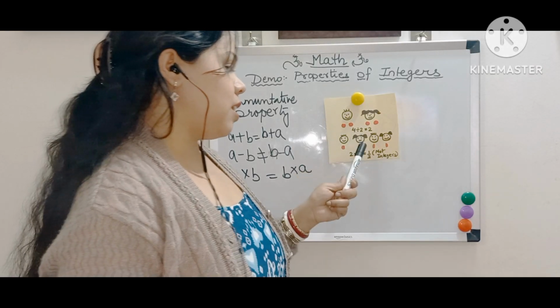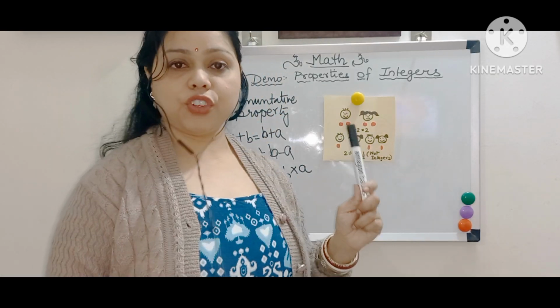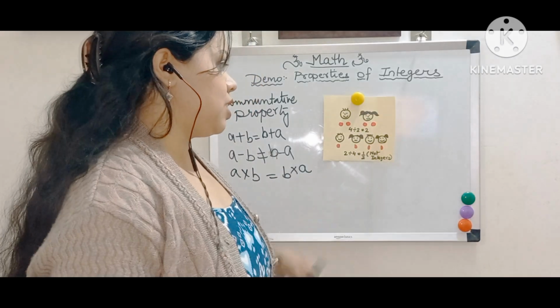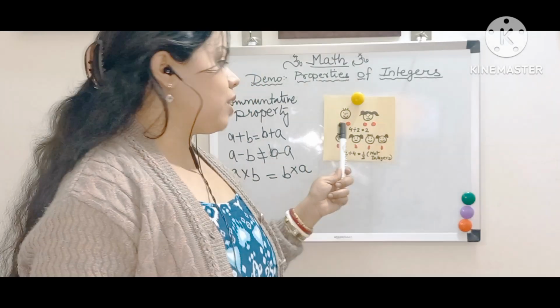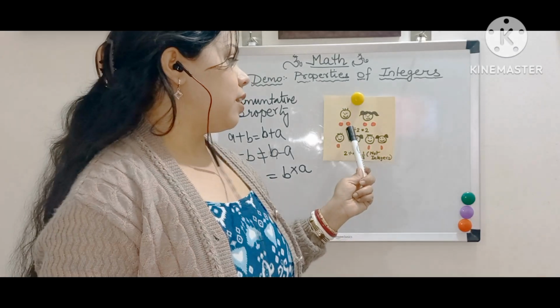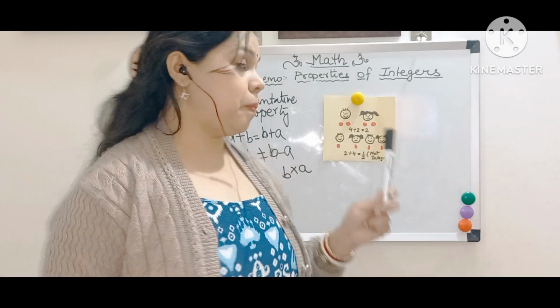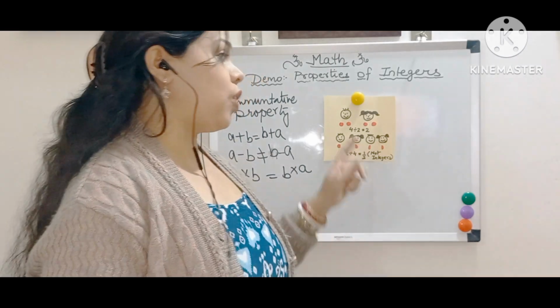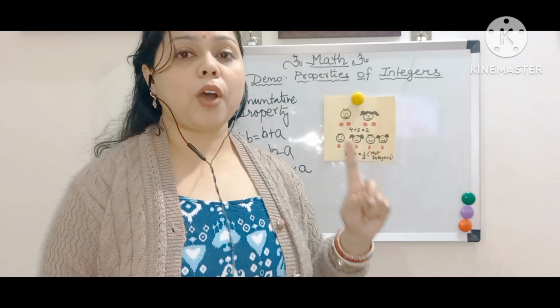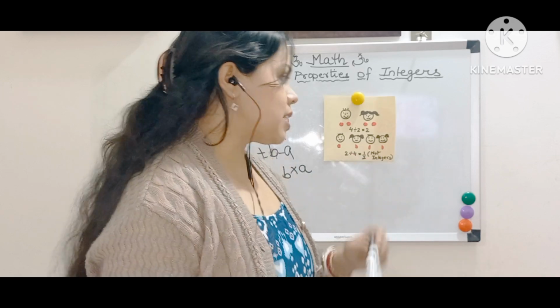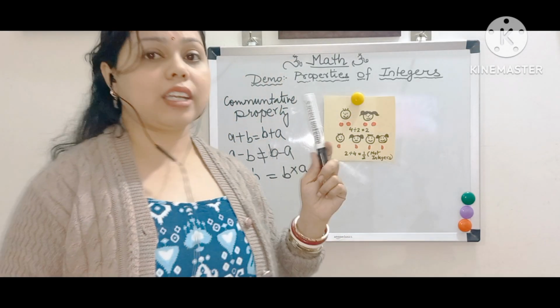That means, is half an integer? No, it is not an integer. 4 divided by 2 is 2. That means here we are getting an integer, but in this case we are not getting an integer. That means for division the commutative property will not be fulfilled, because in both cases you have to get an integer.